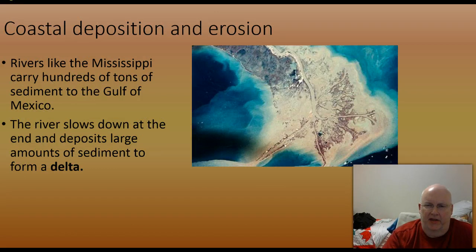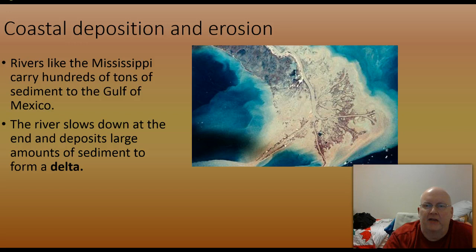Deposition of materials. Deposition is when the materials stop being transported and fall to the bottom of the river or the lake or the ocean, or if it's wind doing the transporting, the sand might fall to the ground.